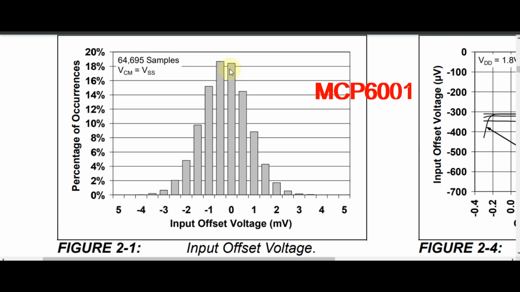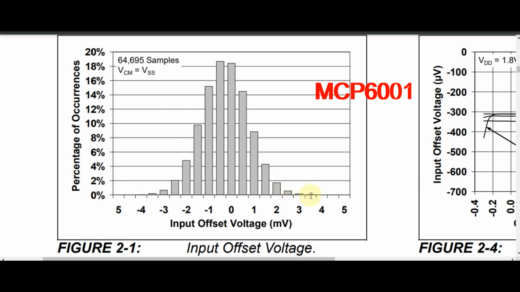Now if you go this side, from 0 to 1, between 0 and 0.5, the number of samples which fall under plus 0.5 millivolt offset voltage is 14%, and at 1 millivolt around 9% of samples fall. At 1.5, 4% of samples fall, and at 2 around 1% of samples fall under 2 millivolt offset voltage.